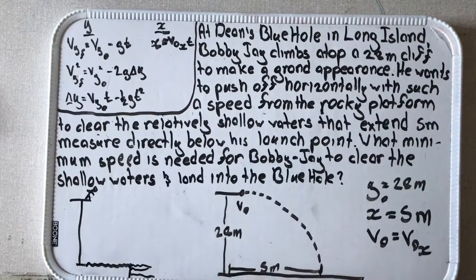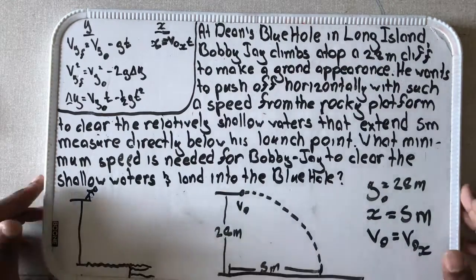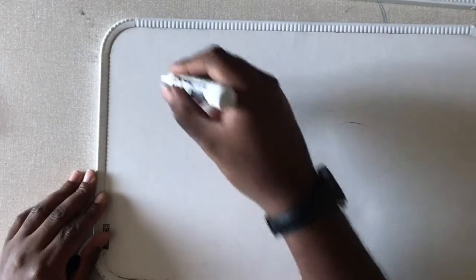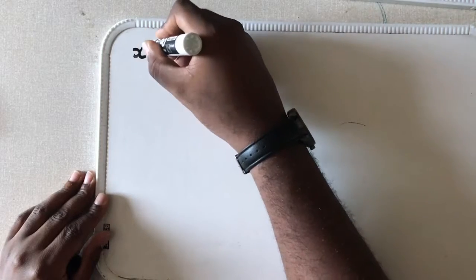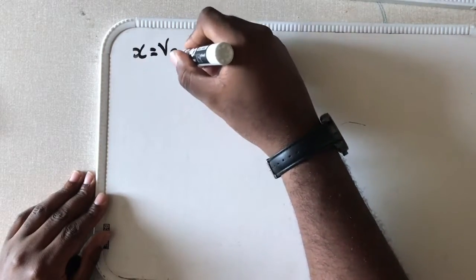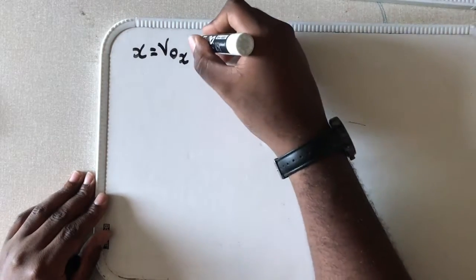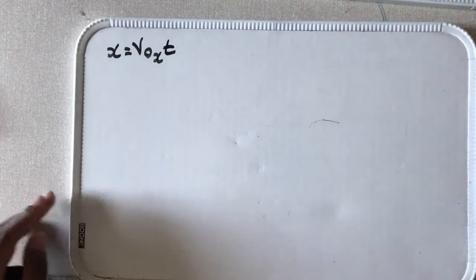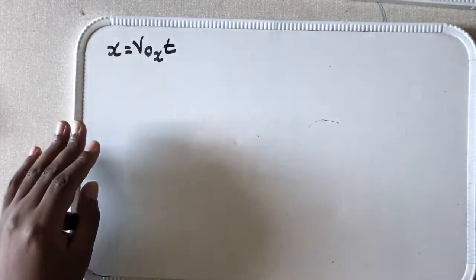So what's happening here? I'm 28 meters up, and I want to jump with a horizontal velocity such that my maximum horizontal distance is at least 5 meters. Okay? Immediately I know this is what I'm dealing with.